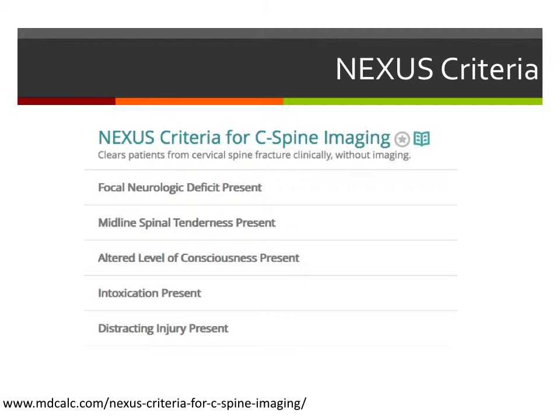So the Nexus criteria: if you haven't got a focal neurological deficit, you've got no midline spinal tenderness, you haven't got an altered level of consciousness, you're not intoxicated, and you don't have a distracting injury, then the patient does not need to have further imaging of their cervical spine.